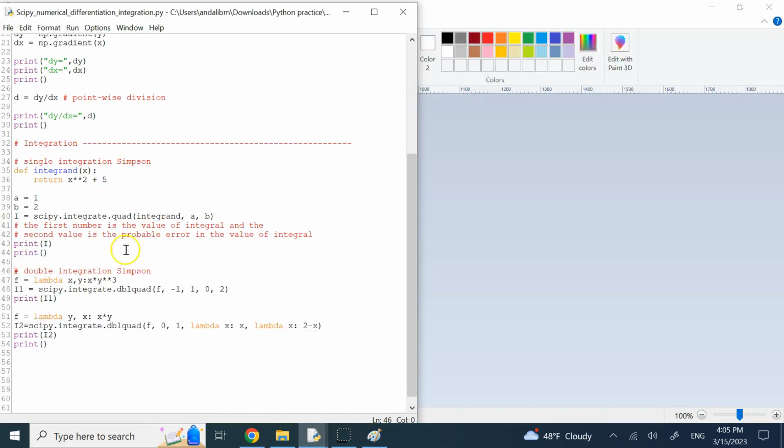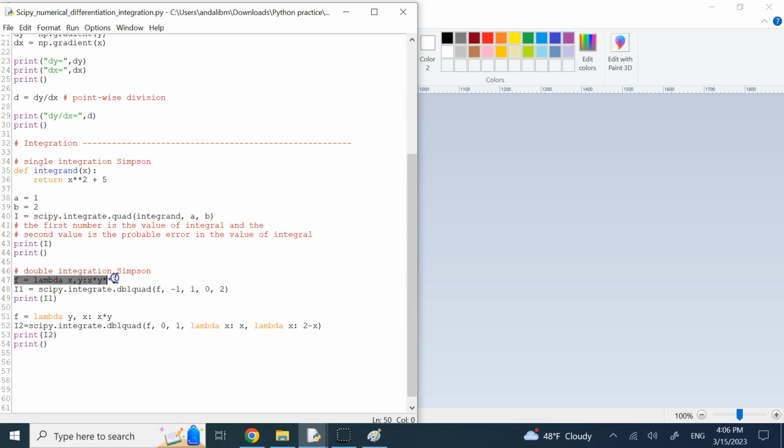By the way, since it's a double integral, the method instead of quad is called dblquad. So you pass to it the function, and here you see that to make life simpler, instead of using the def method to define the function, I used an anonymous function or inline function.